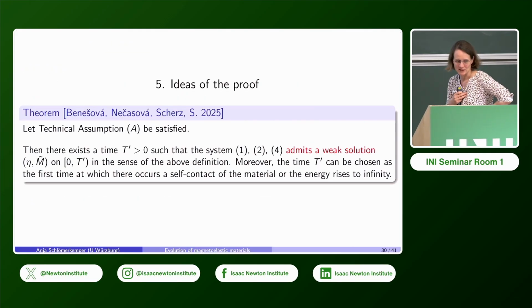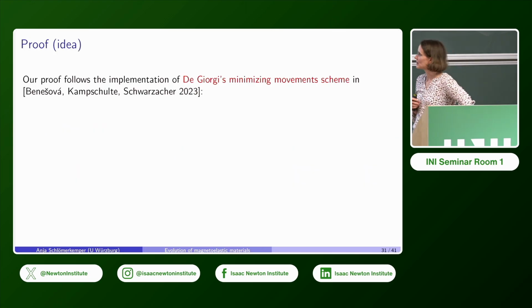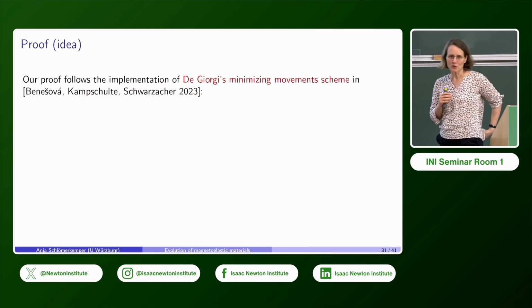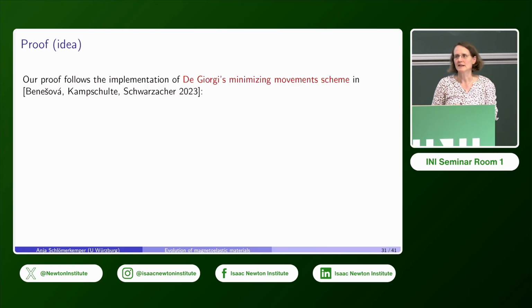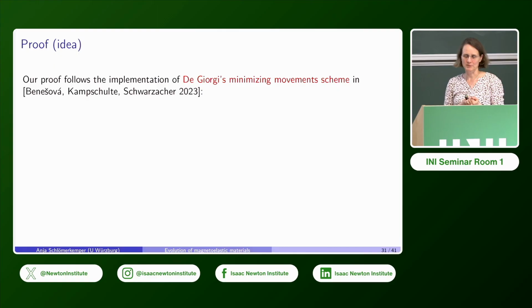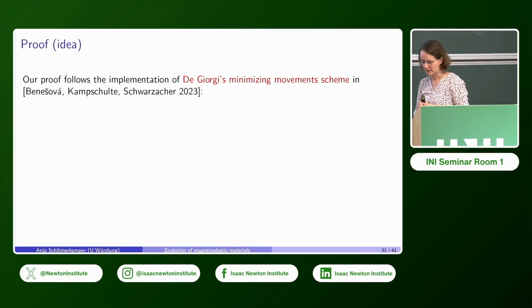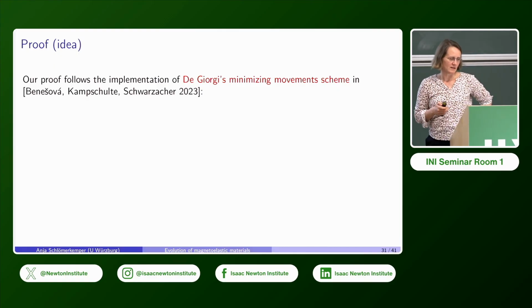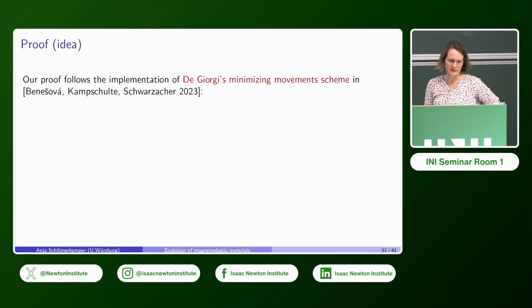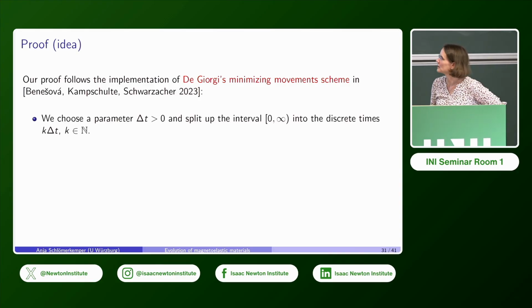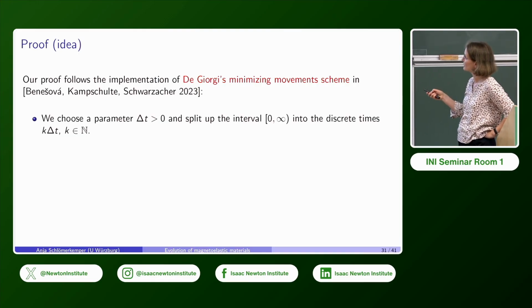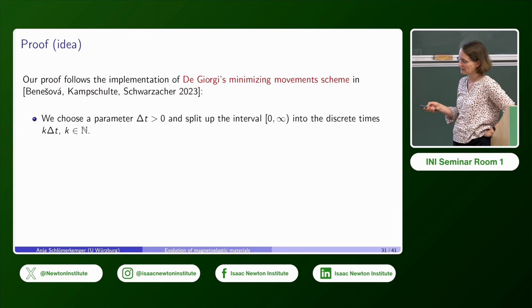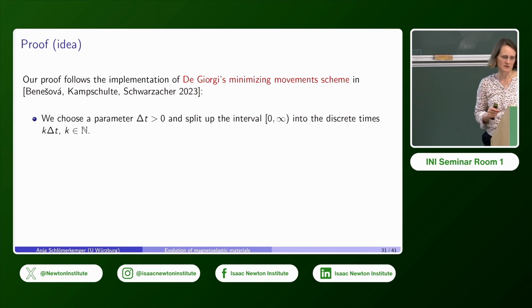So what are the ideas of the proof of this theorem? The proof follows the implementation of De Giorgi's minimizing movement scheme. In particular, we follow a work by Benešová, Kampschulte, and Schwarzacher that they published on hyperbolic equations and fluid-structure interaction. The idea is to split up the time interval into discrete times, with k times delta t as our discrete times.